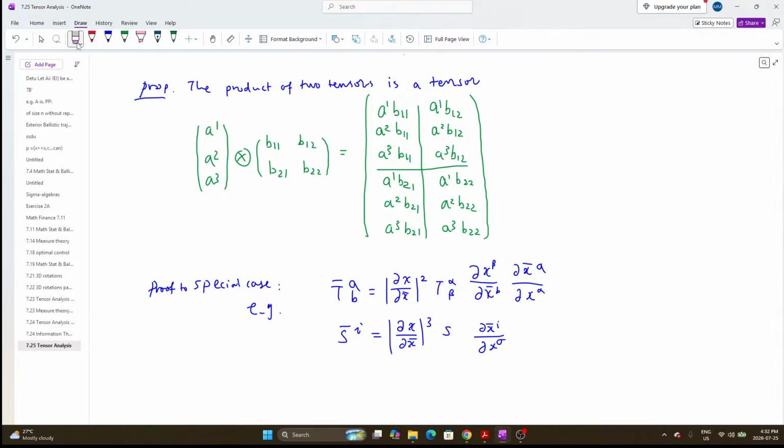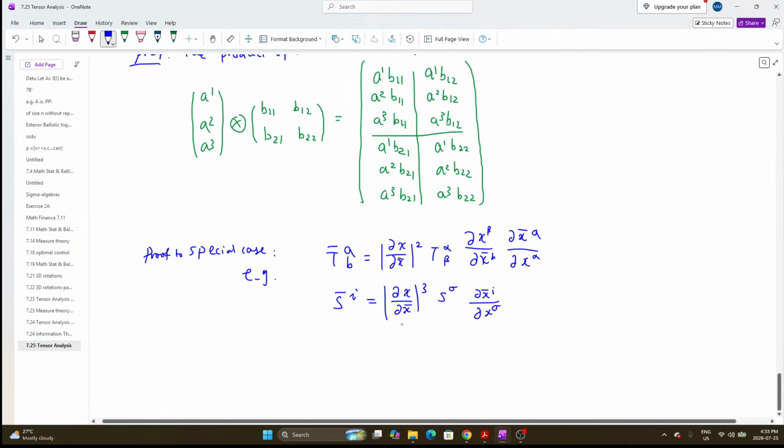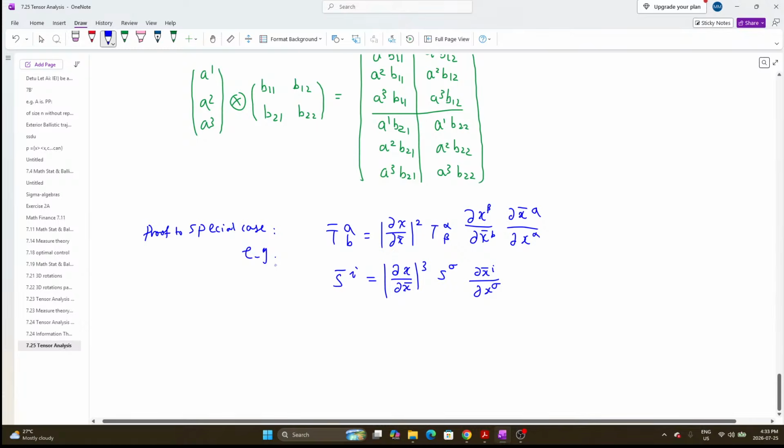And the multiplication is trivial. You literally just multiply both sides, like how you multiply real numbers. Tensor multiplication is no different from regular multiplication of numbers.